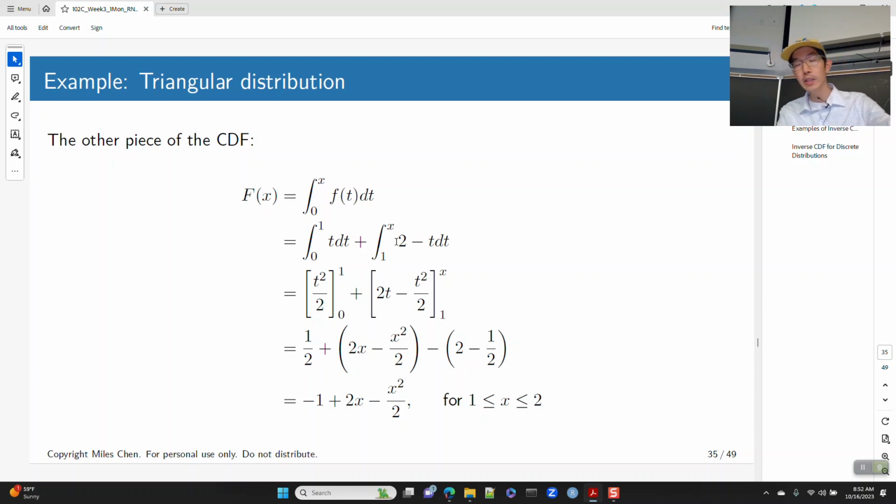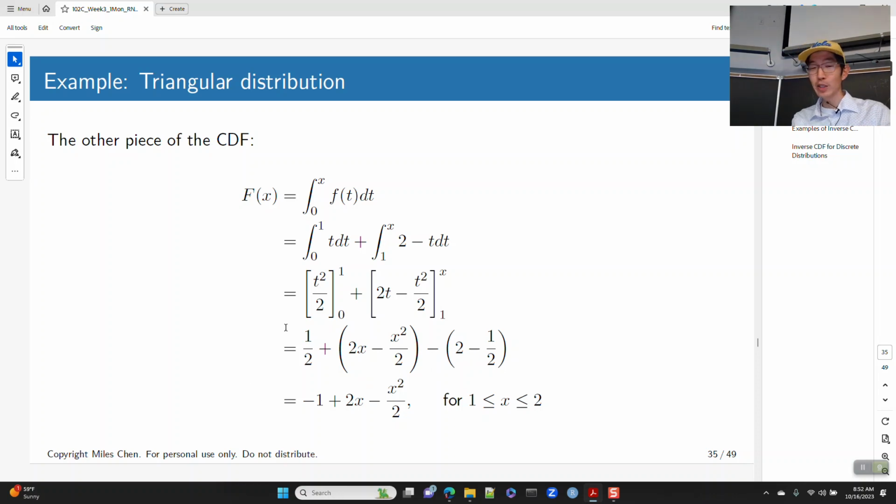And then this side, we get 2 minus t dt, which becomes 2t minus t squared over 2, evaluated from 1 to x. Plugging in x, we get 2x minus x squared over 2. You plug in 1, and you get minus (2 minus 1/2), so minus 1.5.